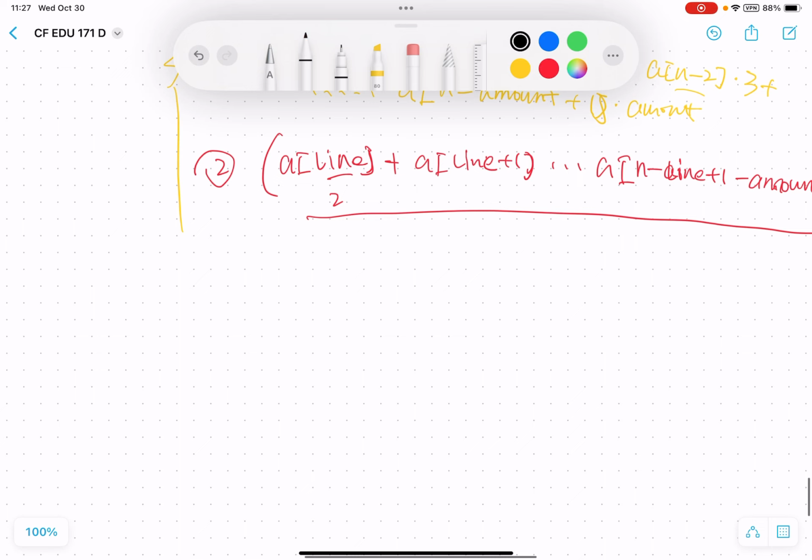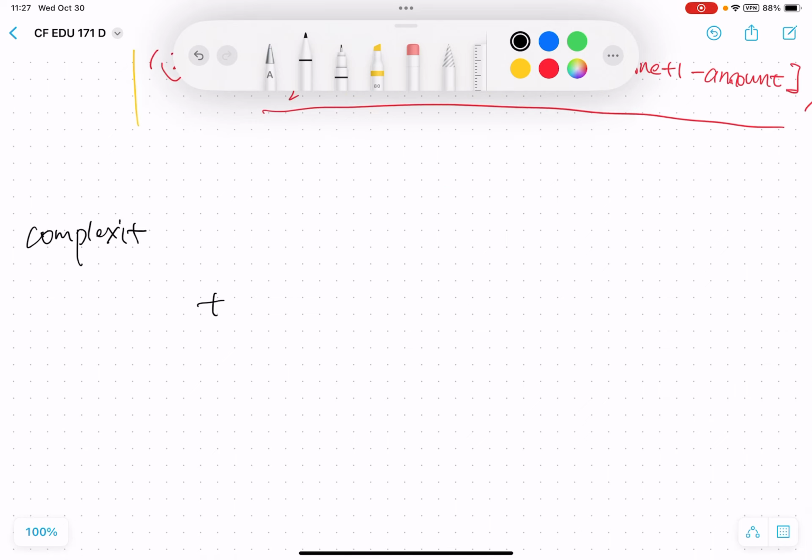Okay. Last part, let's talk about complexity. For the time complexity, the first thing is we have Q queries, so it will be Q. Second, for every query, we need to find the position.